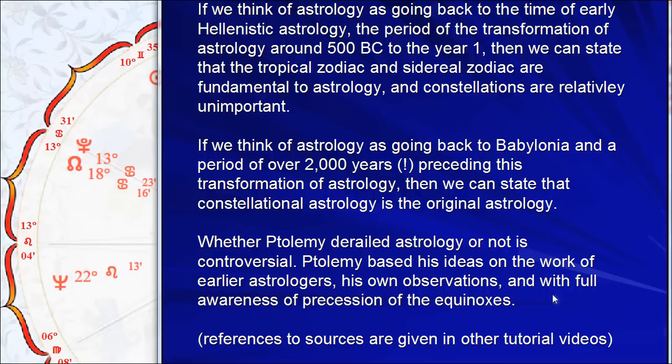Now, whether Ptolemy derailed astrology or not is controversial. Some people are very strongly stating that Ptolemy messed up astrology. He introduced this tropical zodiac, confused everything.